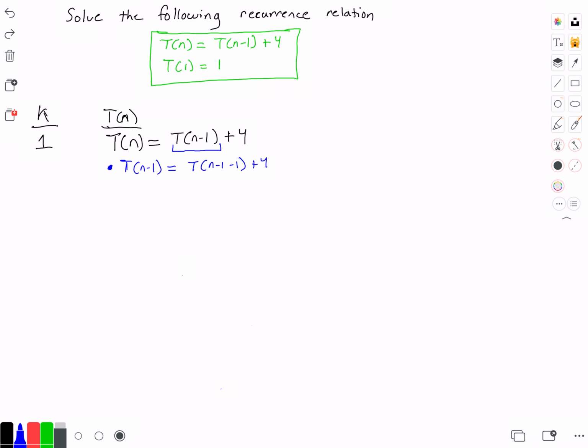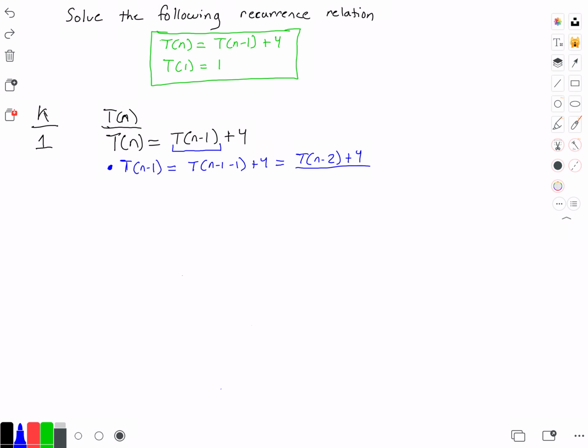Alright, so let's just simplify this a little bit. So this is equal to T of n minus 2 plus 4. So that's what T of n minus 1 is equal to, which is T of n minus 2 plus 4.